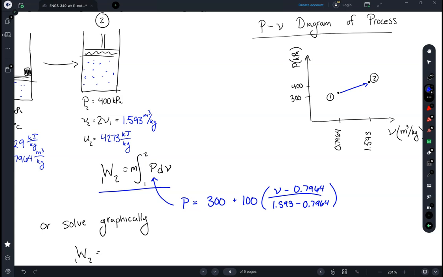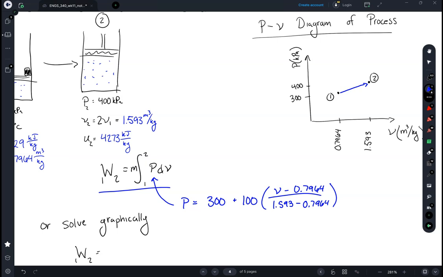So that's simply the equation of the line that I have drawn there. Maybe it looks a little bit like the equations that we used for linear interpolation, because it exactly is. We could plug in P as a function of V. So we plug in this equation, then we can integrate using the same kind of integration methods that we would use in a calculus class. That's one way to do it.